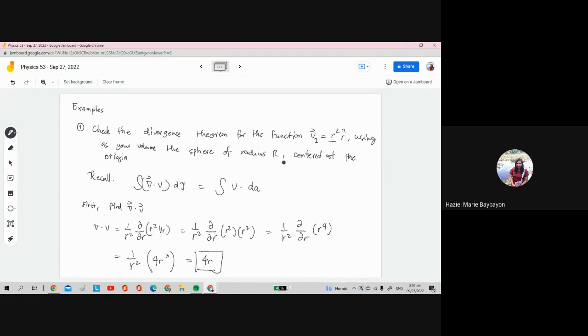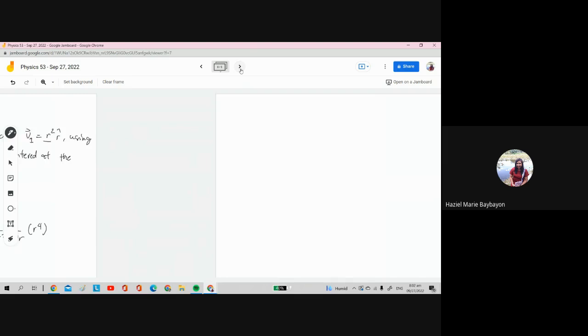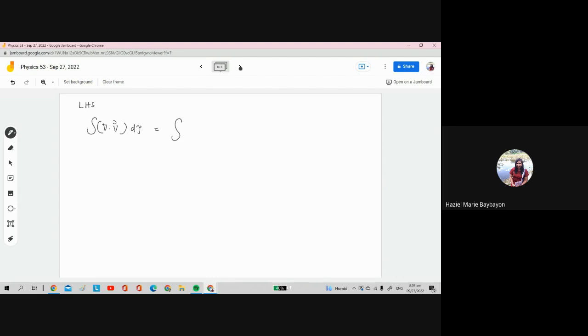Now, let us evaluate the left-hand side of the equation. So the volume integral of the divergence is equal to the integral of 4r d tau.